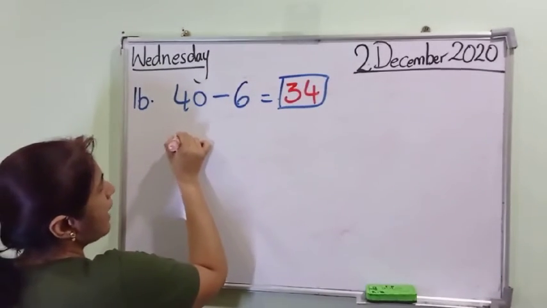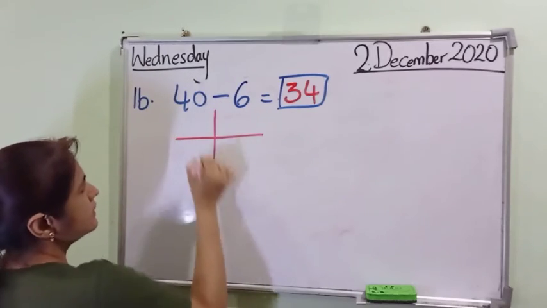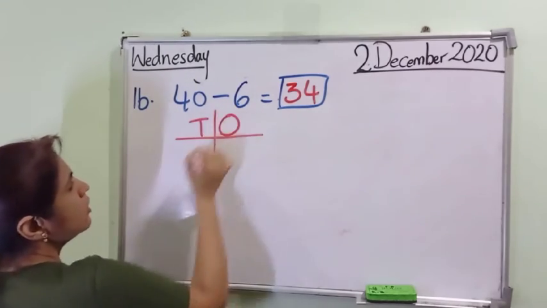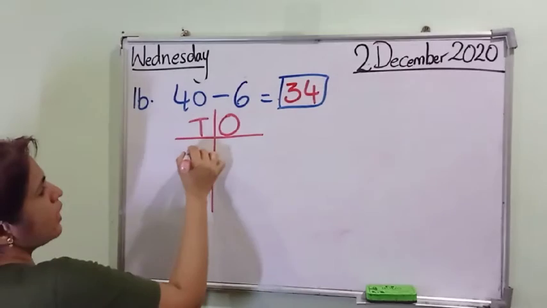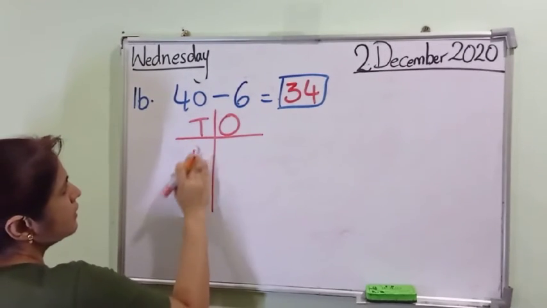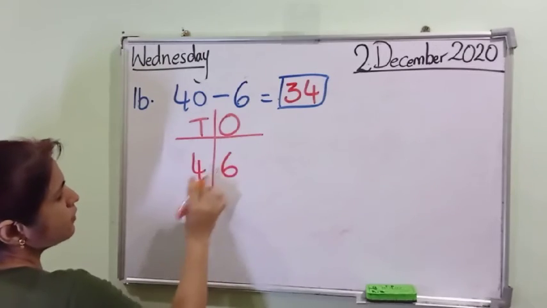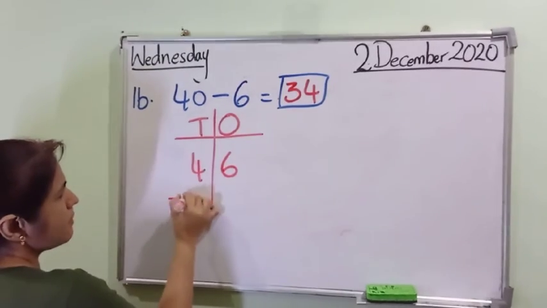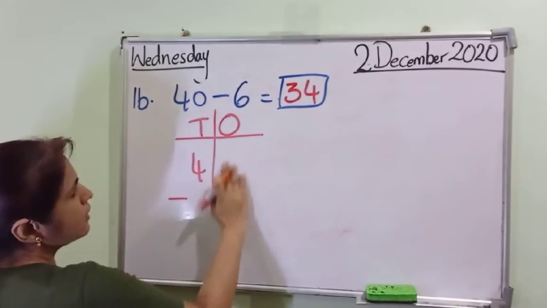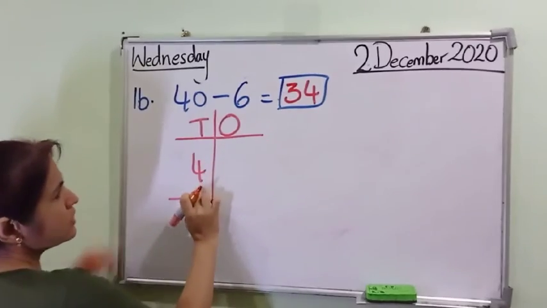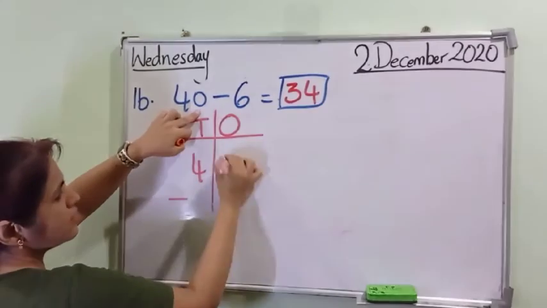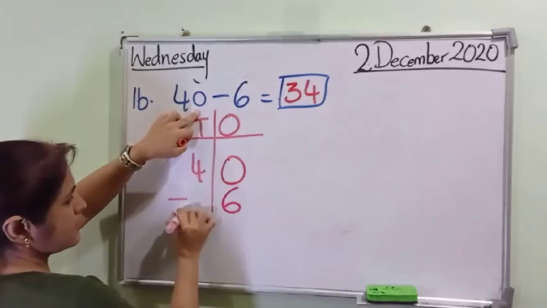Now let's have our tens and ones table to sort this out. 4 tens and 0 ones minus 6.